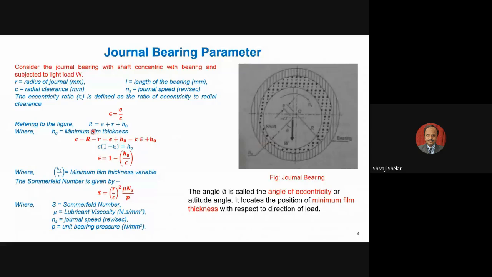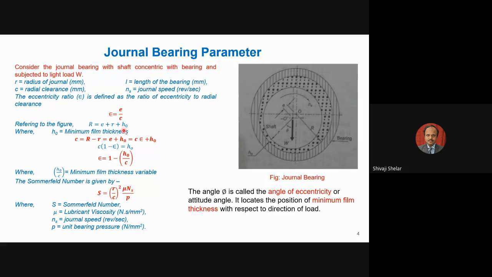So the bearing radius capital R is equal to your eccentricity plus the radius of the journal or shaft, plus your minimum film thickness available at this point, H0.